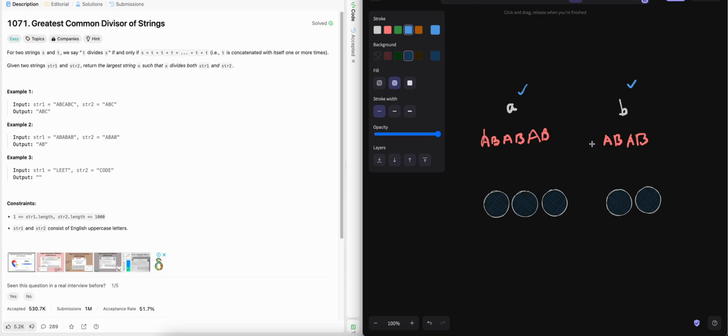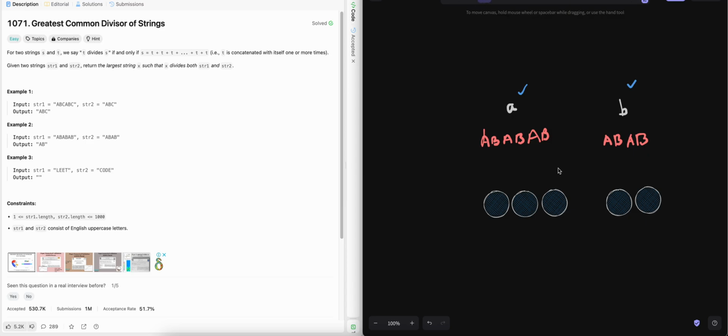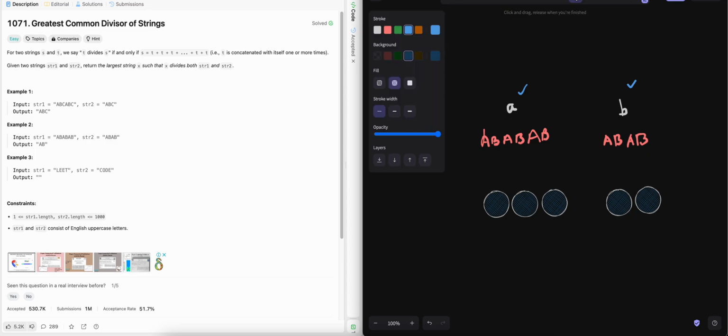Then there must be some repeating block in this B string and this A string which constitutes it. Just by looking at it, we can know that the repeating component is AB. That smaller component forms this B string, and if we repeat it multiple times, it forms the bigger string A.